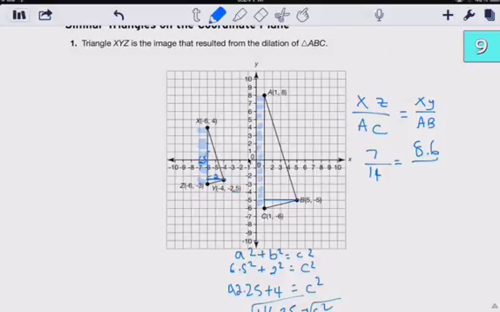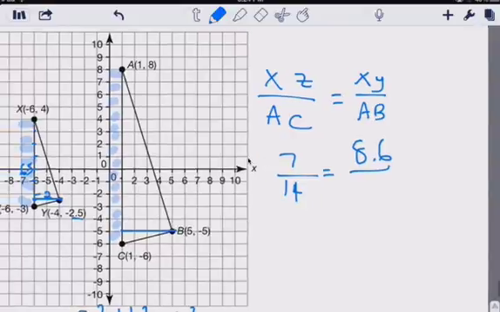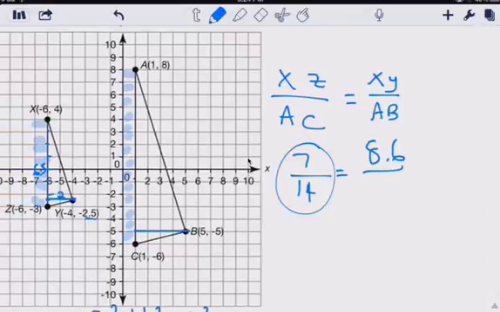So twice that would be the bottom. We know it's twice as long, because look at this. They're supposed to be congruent, right? It's a dilation of it.